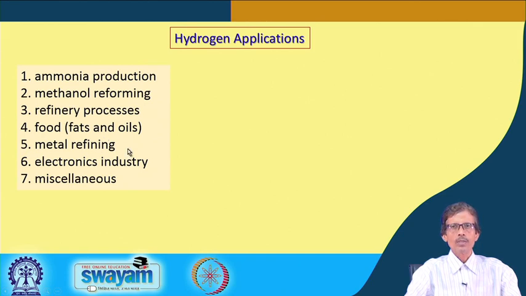So, unsaturations can go to saturation, that means hydrogenation. As we all know, vegetable oil, if we go for hydrogenation, gives what we call banaspati, or the trade name we knew earlier, dalda.